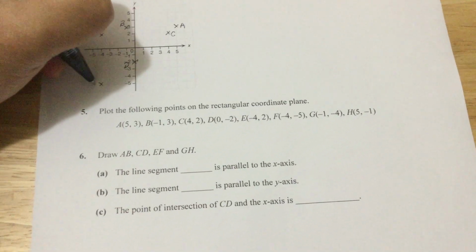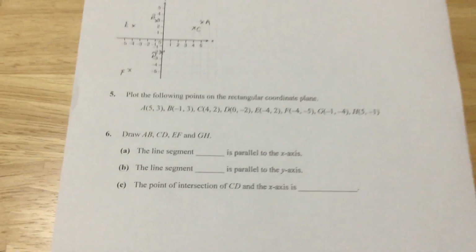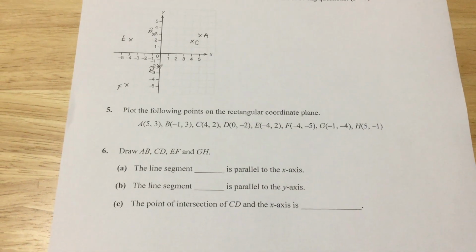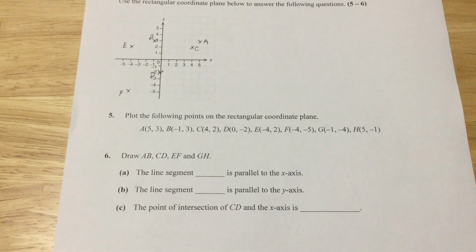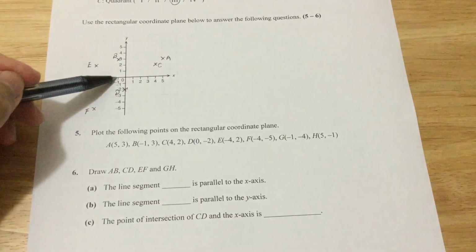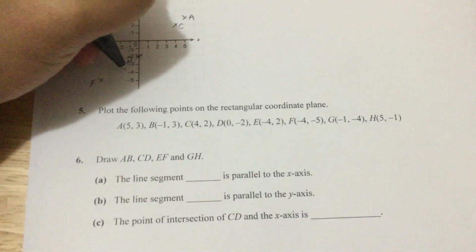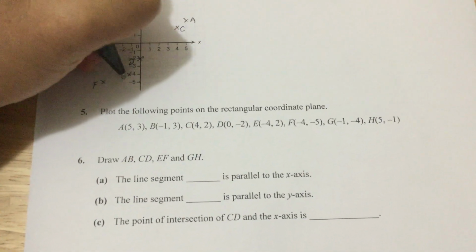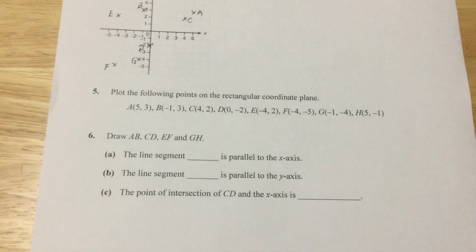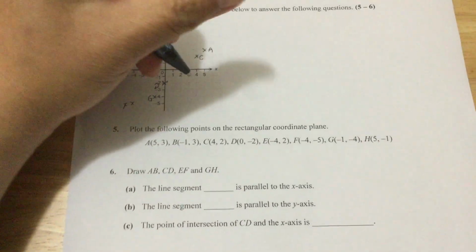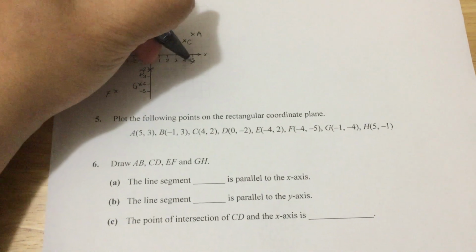This is F. And for G, there's -1 and -4. That means we go left 1 unit and go downward 4 units. So this is G over here. And the final one is 5, -1. We have the 5 and we have -1. We have H here.